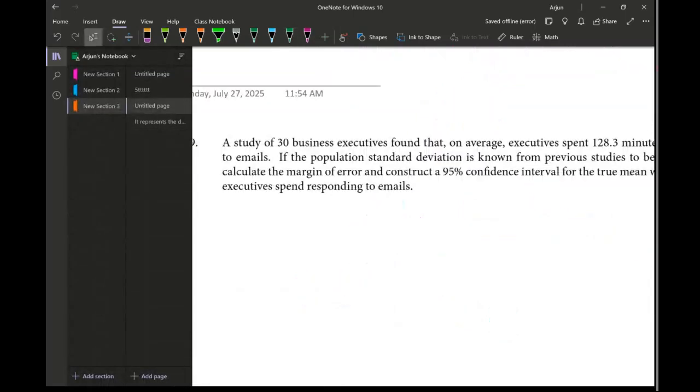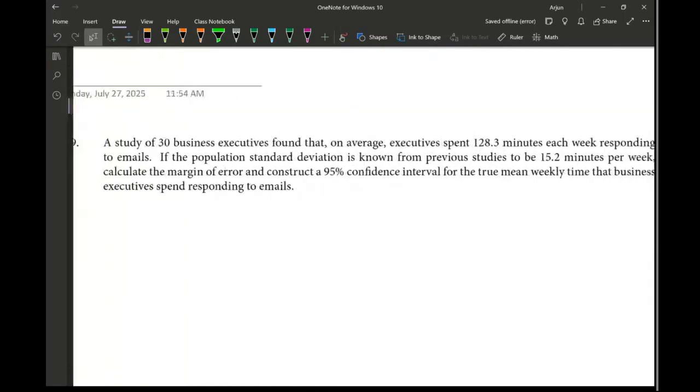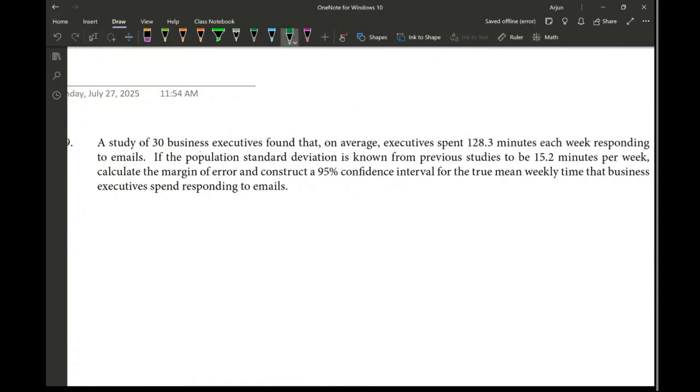So I'm going to take this example, which is on your computer screen. A study of 30 business executives found that, on an average, executives spend 128.3 minutes each week responding to emails.